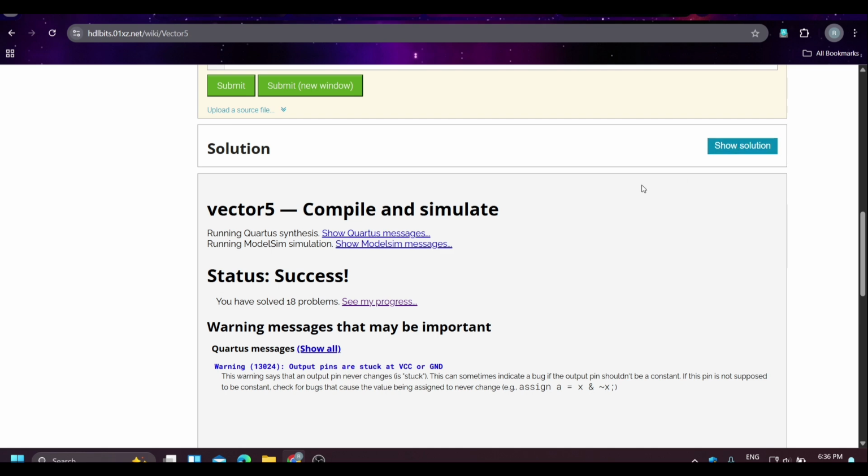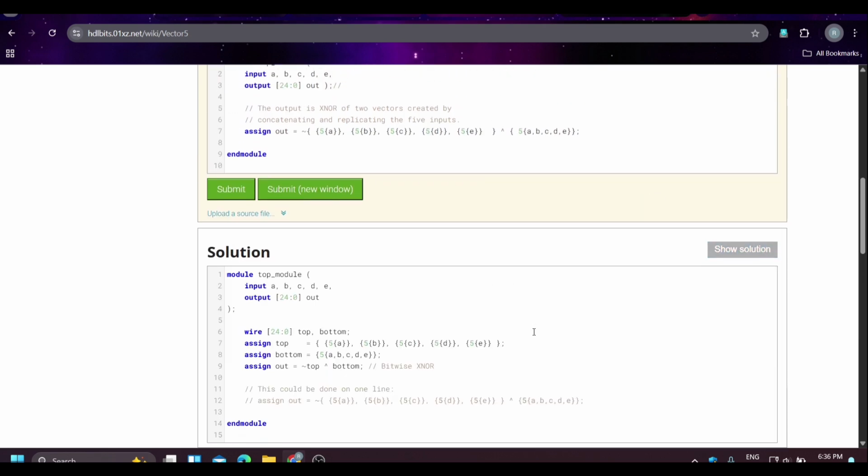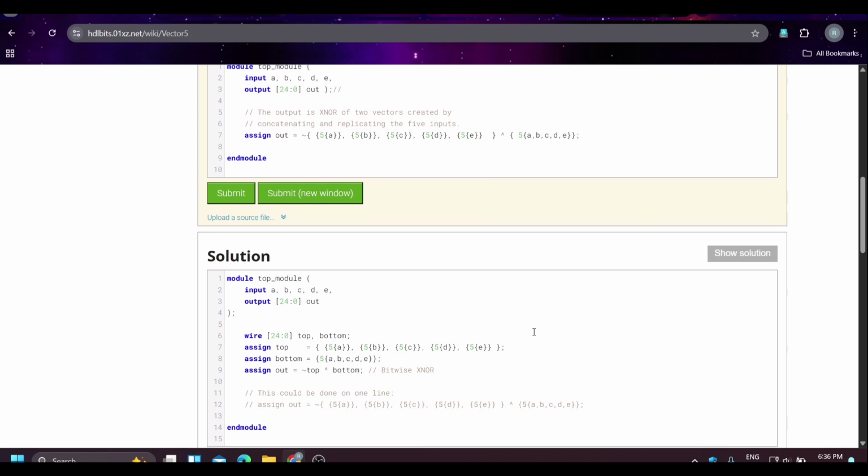Let's see the solution, how they wrote the code. Okay, this code and our code are the same, whatever we wrote, but still we got a warning.